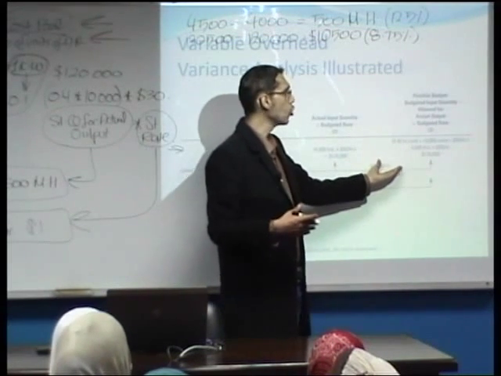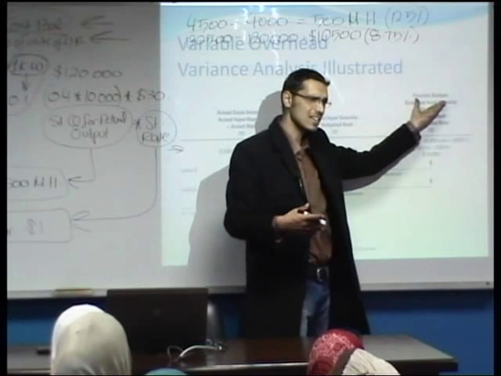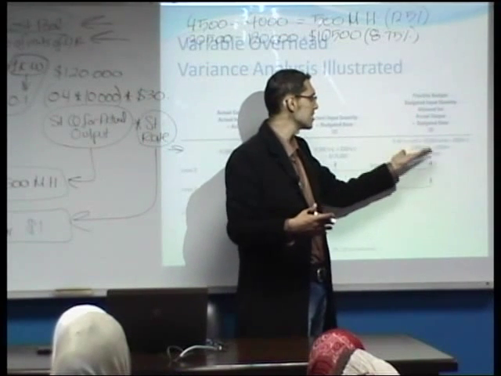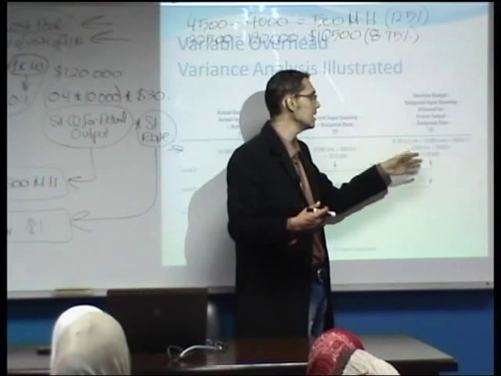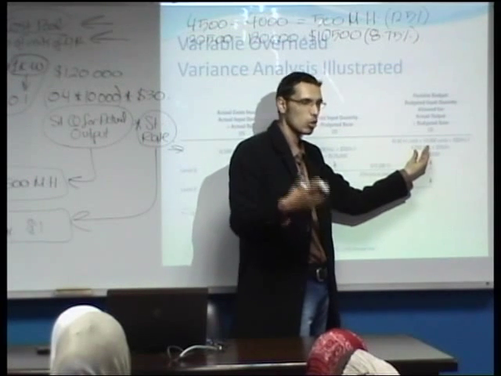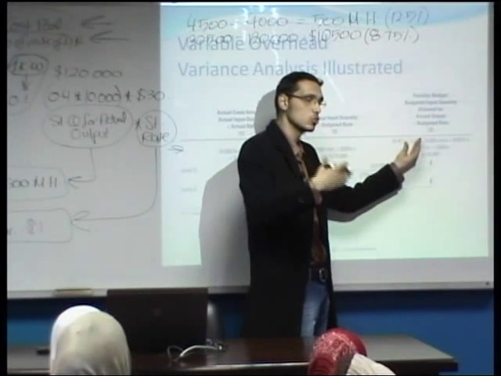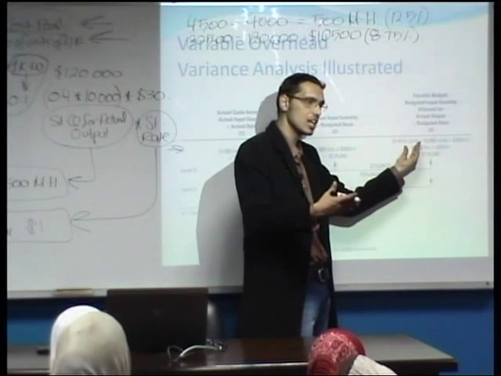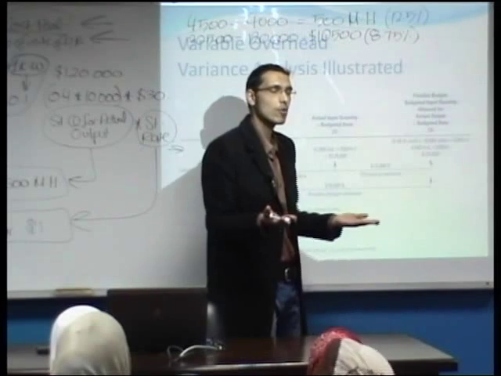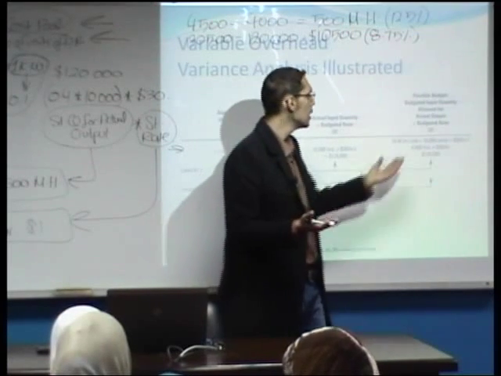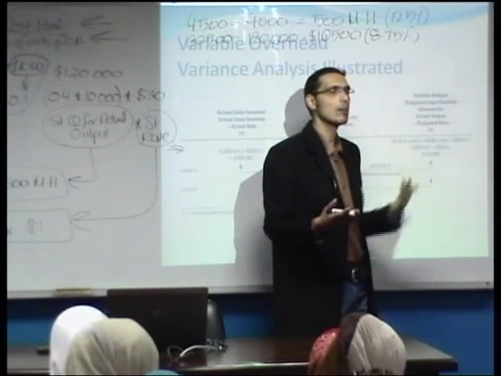Of course, also here, according to our flexible budget, we considered that we need to use 4,000 hours according to our standard. We produced 10,000 units. Each unit would use up 0.4 machine hours. Therefore, we would use up 4,000 machine hours in total, multiplied by the budgeted rate of $30.